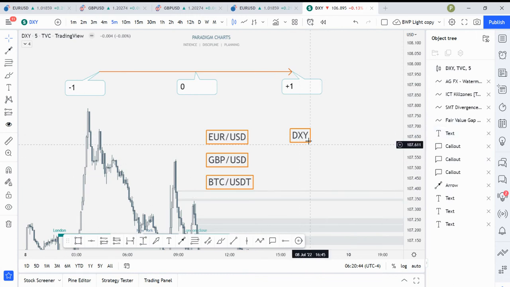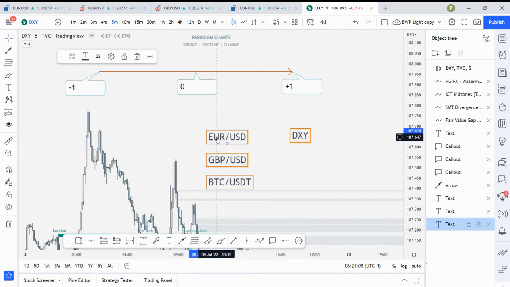If instead of going down, DXY is going up, what you see there is what you call an SMT divergence. What it simply means is that DXY is unwilling to go down, and as a result, it means that DXY is being accumulated by deep pockets, by smart money, and they want to push the price up. That's pretty much what it means.